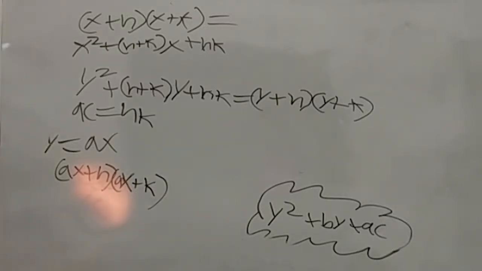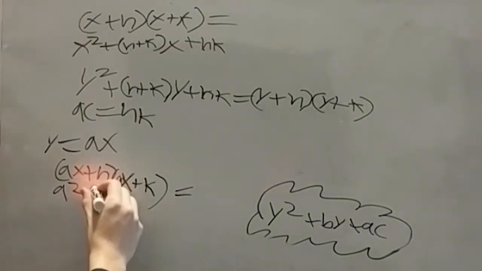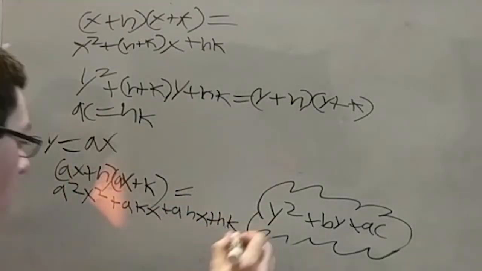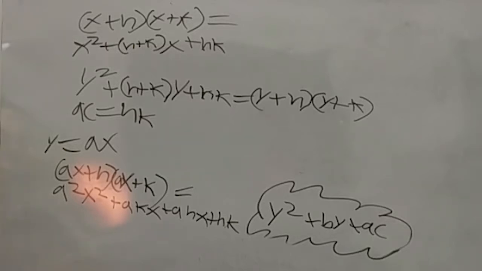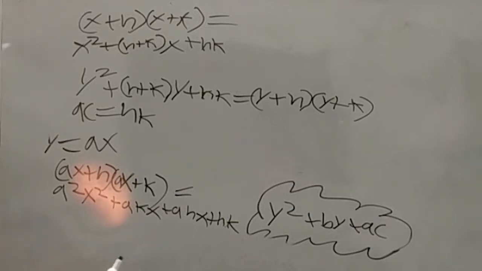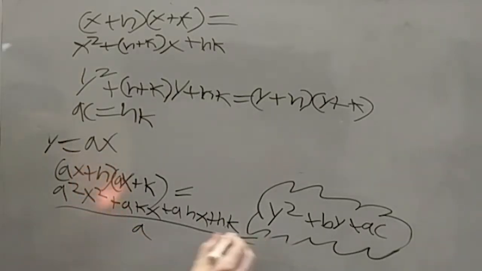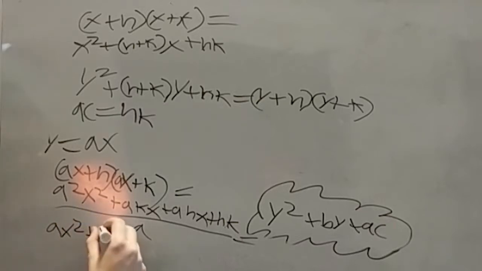Now, if we expand this, we are going to get this. Now, recall that we multiplied our standard form trinomial by the first coefficient a. So to clean things up and make things easier to work with, we are going to divide this by a, which will leave us with this.